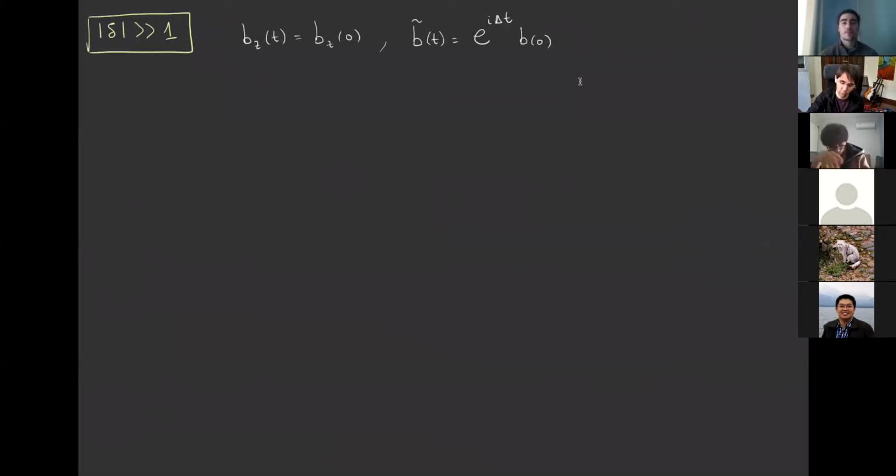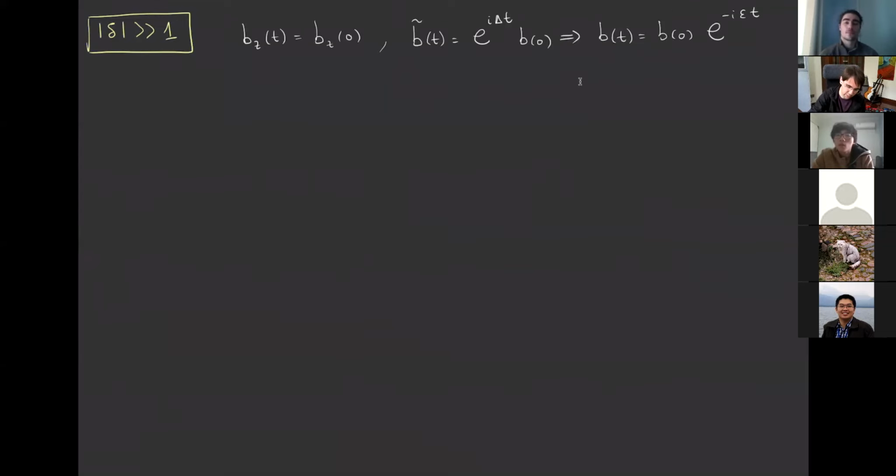And if we come back to the original variable, not the slowly varying, but the original b, this is equal to b of 0 e to the minus i epsilon t. And what is this? We have just talked about it.